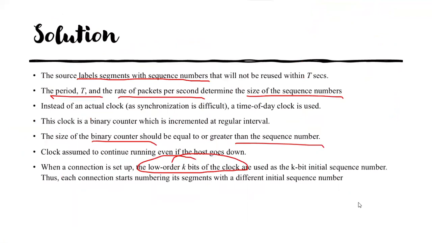So when the connection is set up, the lower order k bits of the clock are used as the k bit initial sequence number. Thus, each connection starts numbering its segments with a different initial sequence number.